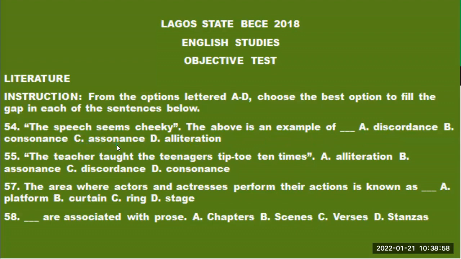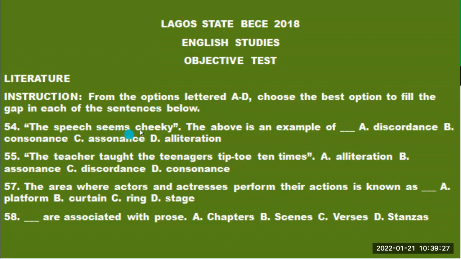Assonance is the repetition of internal vowel sounds in words. The words may not end with the same sound, but the internal vowel sounds are the same. The long E sound is what we have in speech, the same in seems, the same in cheeky.